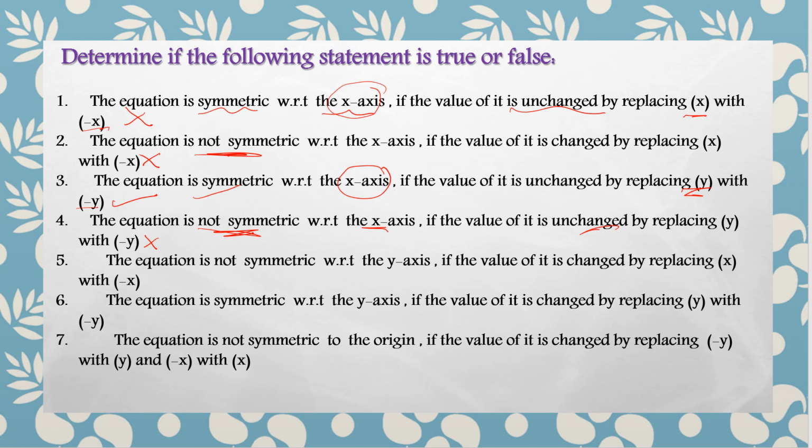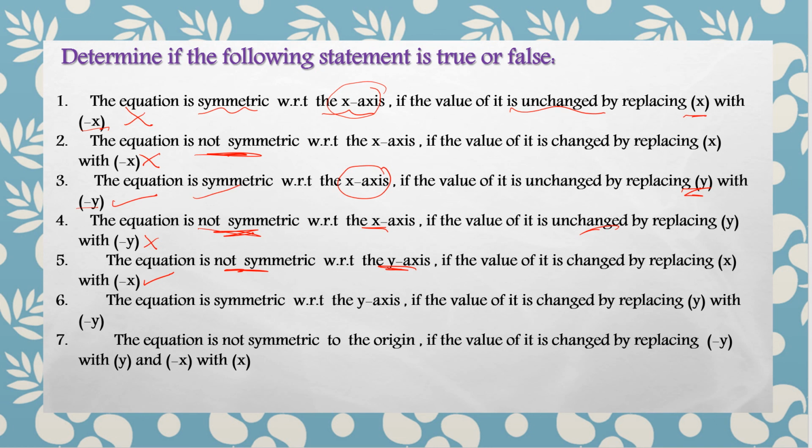The equation is not symmetric with respect to the y-axis if the value is changed by replacing x with negative x. This is true. As for testing the symmetry of the y-axis, we replace x with negative x, and when the value of the equation changes, this function is not symmetric. So this is true.